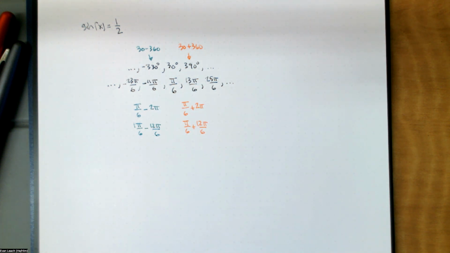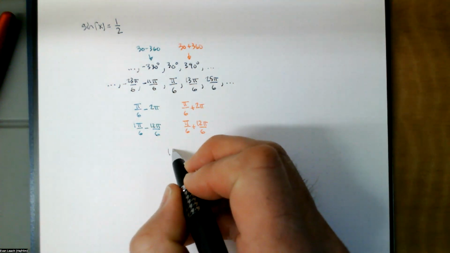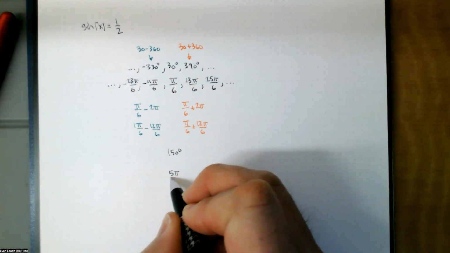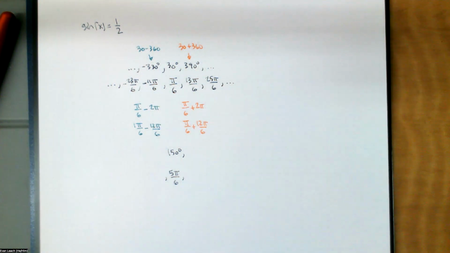Then we can do the same thing with our 150. Our 150-degree angle was 5 pi over 6. And we're just going to be adding multiples of 2 pi. And that's going to be another 12 pi over 6.